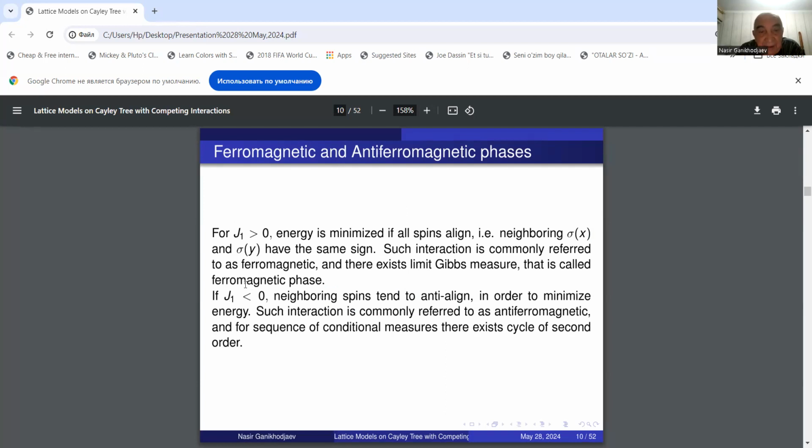And if J1 is negative, there also exists a limit Gibbs distribution, which is called the anti-ferromagnetic phase. So for this model we have only one phase at a time: if J1 is positive, the ferromagnetic phase, and if J1 is negative, the anti-ferromagnetic phase. That is the phase diagram here, very simple.